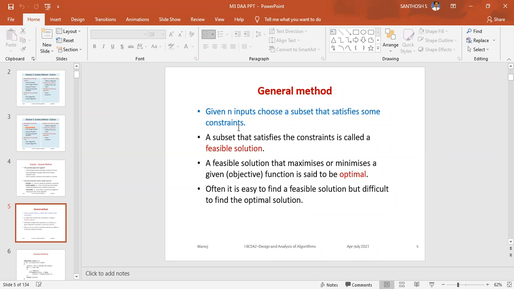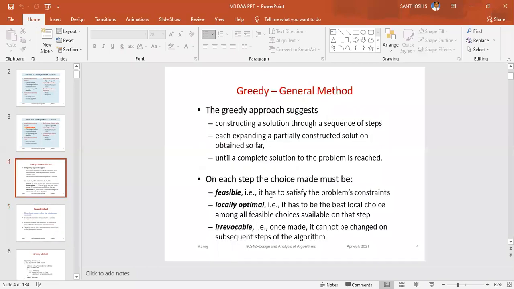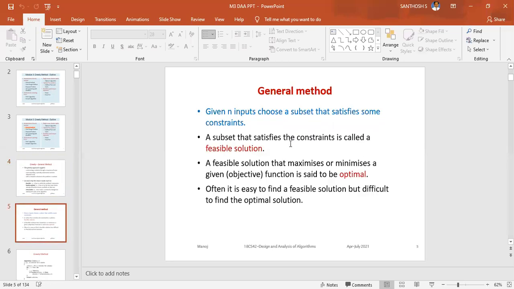I will tell you what a constraint is when we go through the example. So feasible means it has to satisfy the problem constraint, and if it does, we call it a feasible solution.